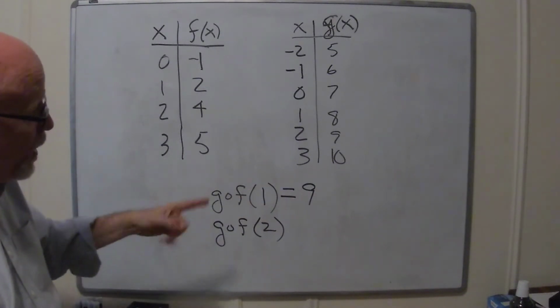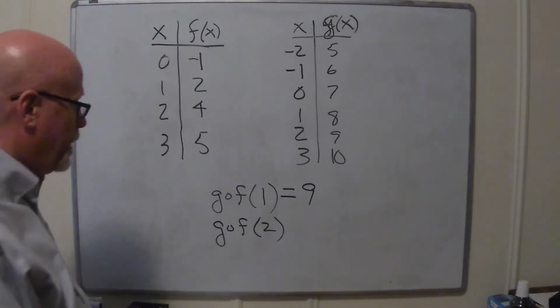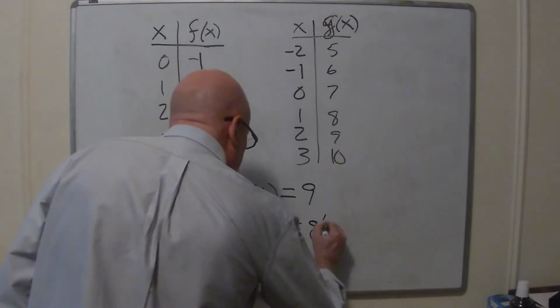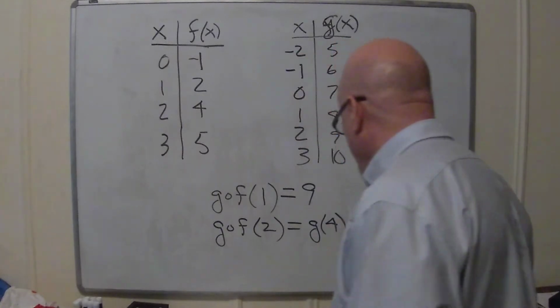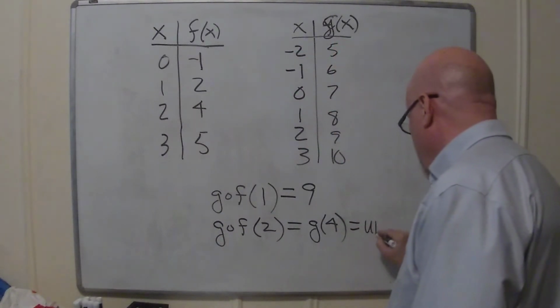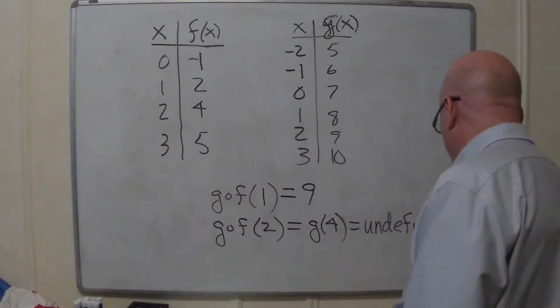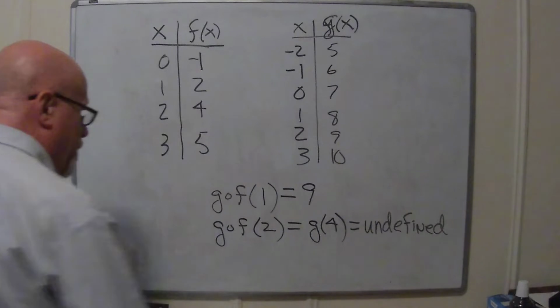But right now, all I can tell you is we don't have a value defined. There isn't an output. It would be G of 4 if I knew what G of 4 is, but that number is undefined. And so unfortunately, you have to write this out when it happens. If there just isn't a value for the output, you just write the word undefined.